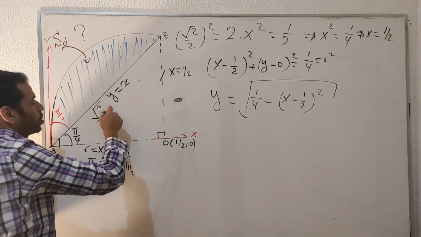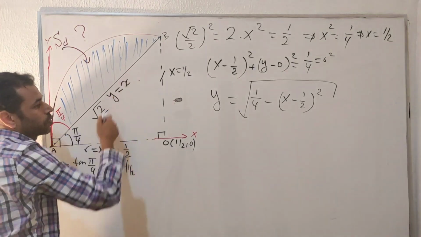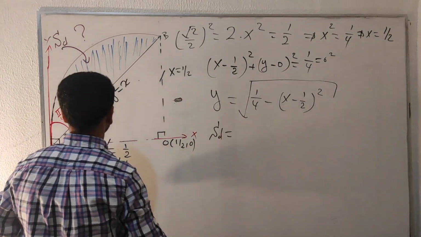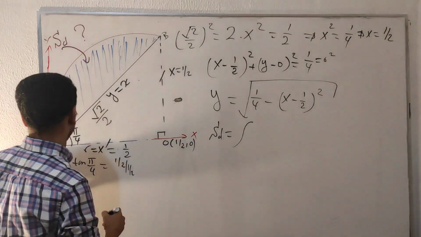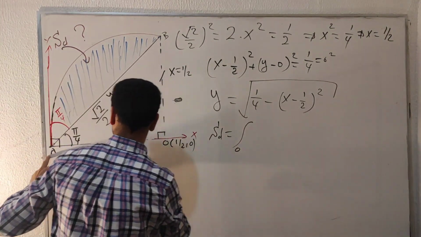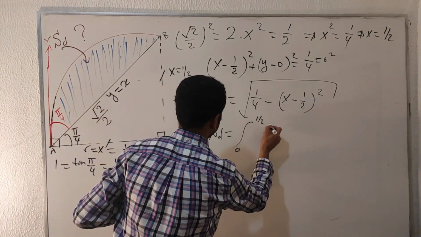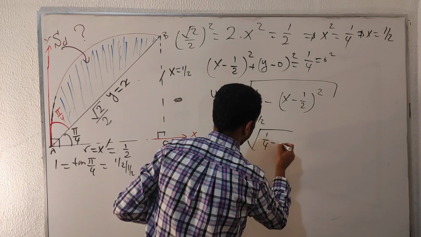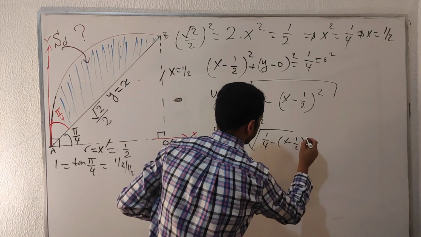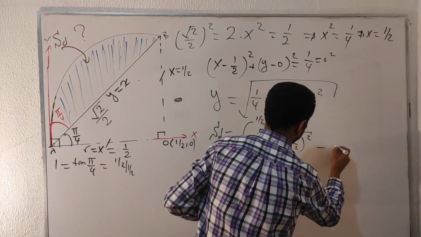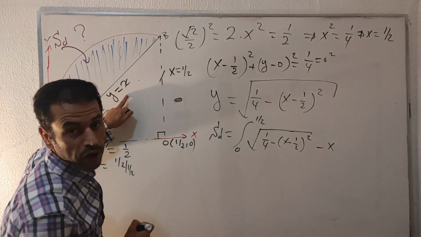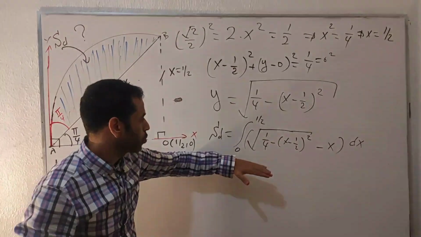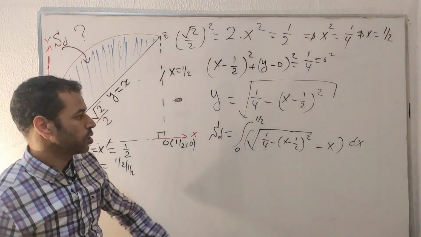The bottom curve is the equation of the line. So the area, let's call it D, is the integral from 0 to half of the square root of 1 over 4 minus x minus half, quantity squared, minus x, which is the equation of the line, dx. I'm going to bring this to the top and continue evaluating this integral.